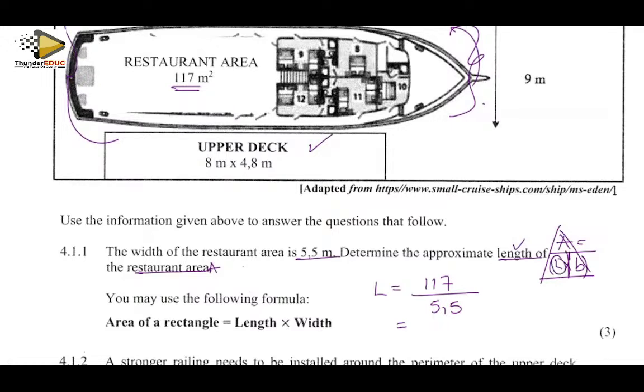Looking for L, it's A divided by B. If you're looking for B, it's A divided by L. So 117 divided by 5.5, and the answer becomes approximately 21 meters.